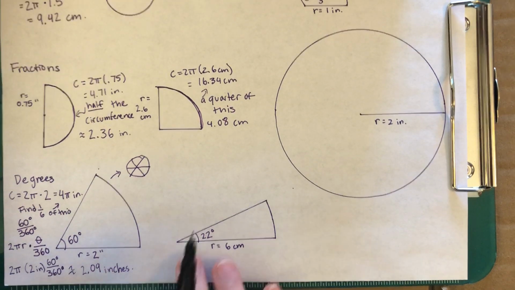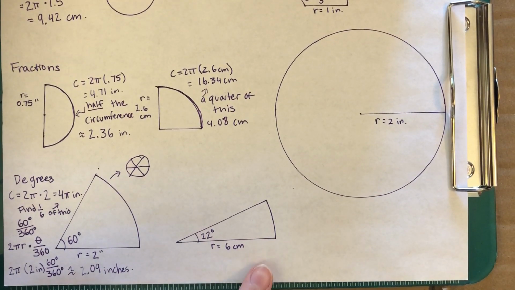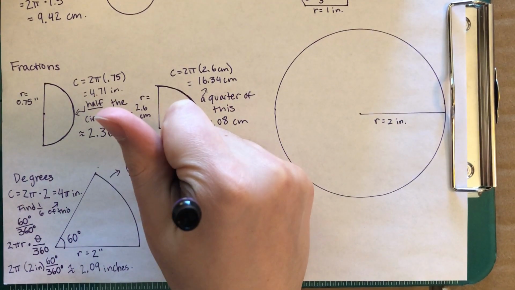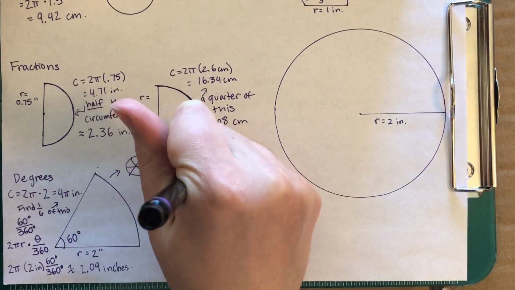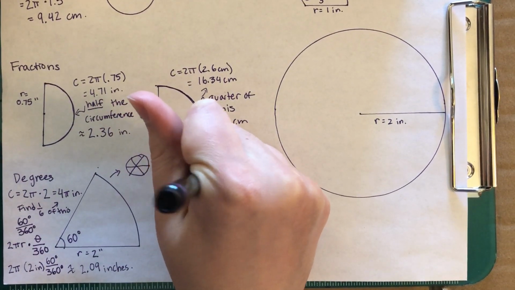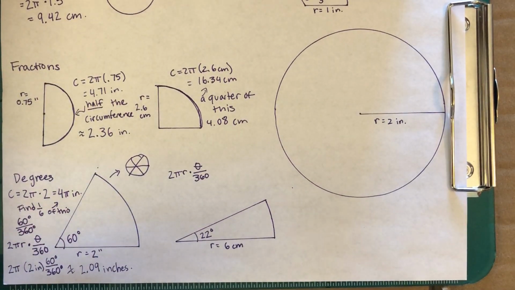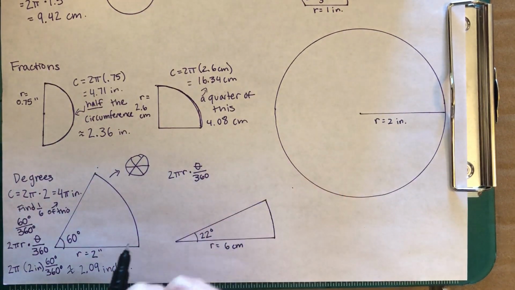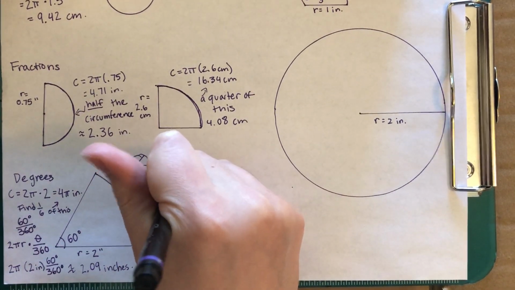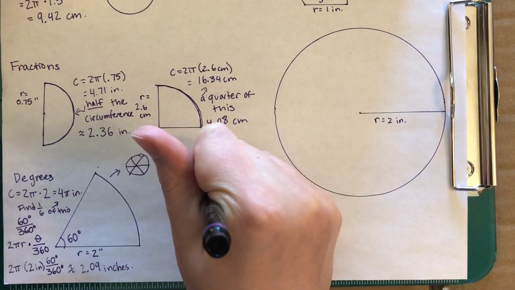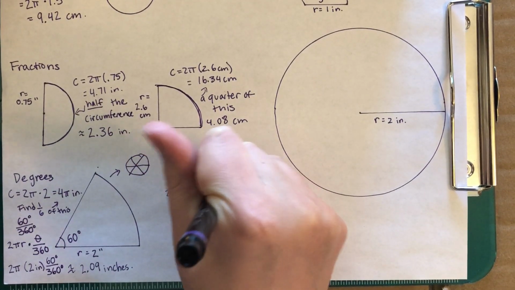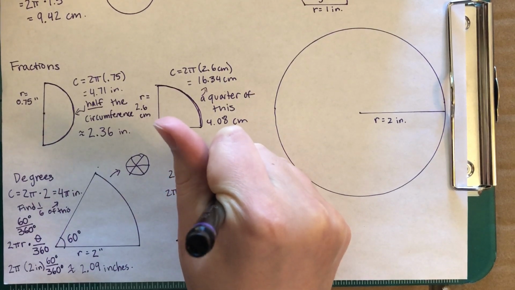So now let's see this approach for something like this where we don't have an obvious easy fraction. I can do 2 pi r times the angle out of 360. So I have 2 pi, the radius is 6 centimeters, and now my angle is 22 degrees out of 360 degrees.